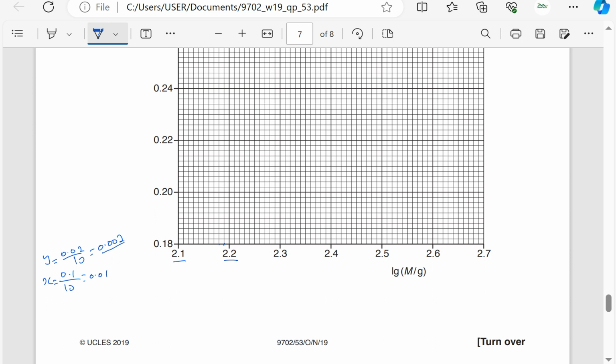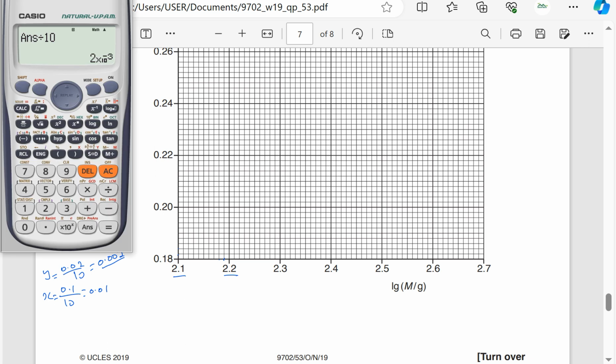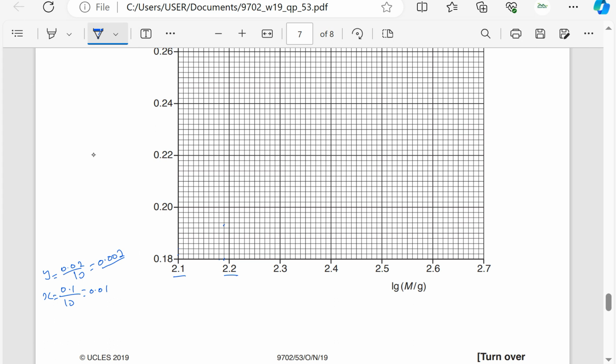So this is 182, 184, or if you want to know how many boxes to add on 0.18, you just say okay. The point is 0.193 minus 0.18 divided by the scale, which is 0.002. So that means I'm going to add 6.5 boxes. So 1, 2, 3, 4, 5, 6.5. So this is the point.